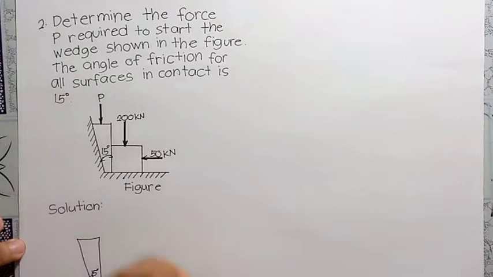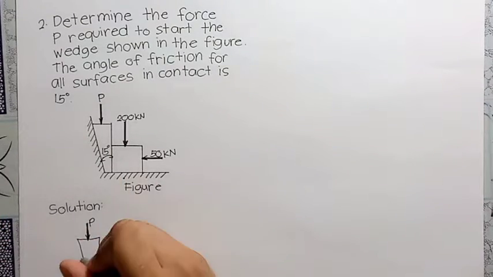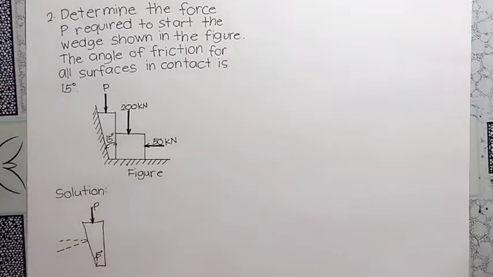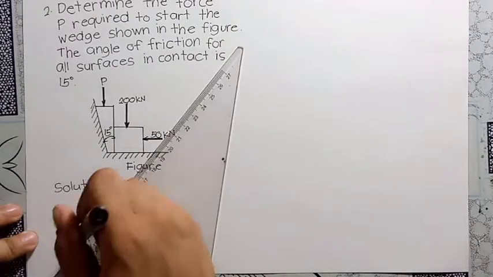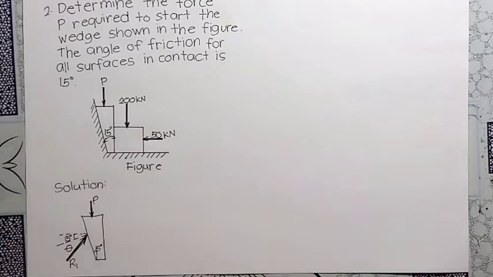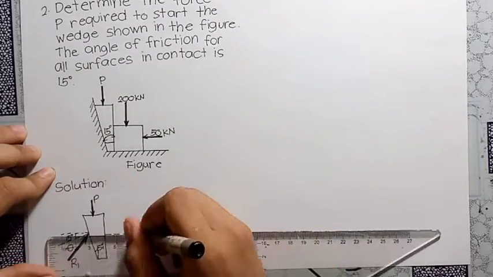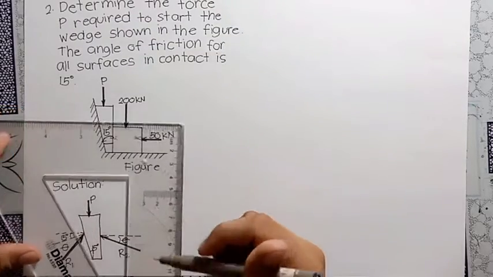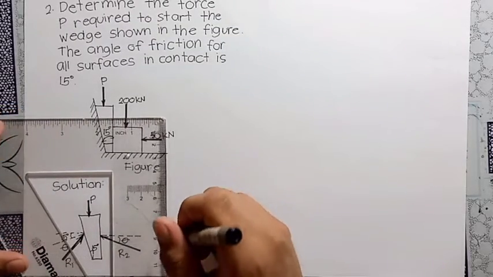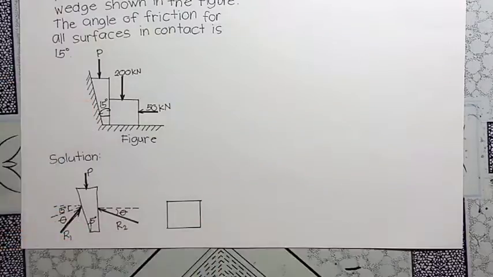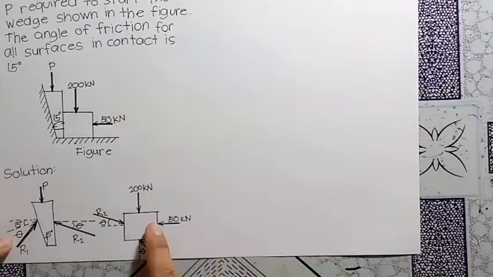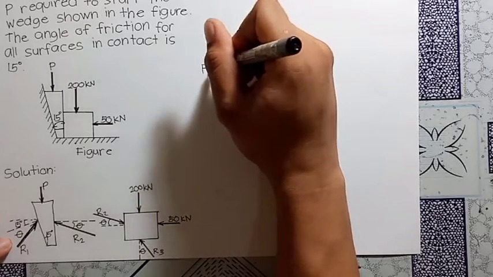Same as the solution in problem number 1, we will first isolate the wedge, then put all the forces acting on it. We will then also make the free body diagram of the block. Next step is to find R2.